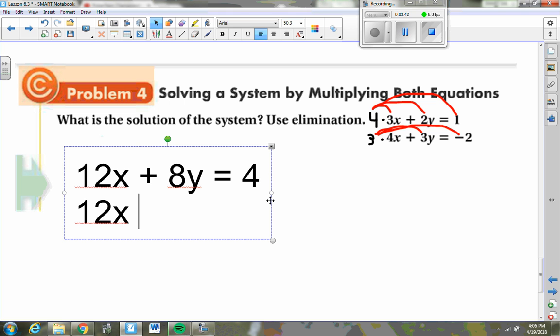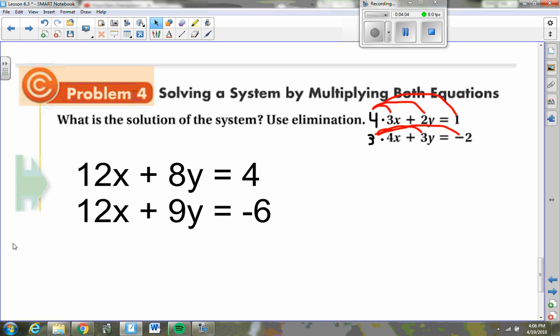And in the bottom equation, I have 12x plus 9y equals negative 6. Right? Because I multiplied all of those by 3. Multiplied the entire top equation by 4, the entire bottom equation by 3, and I end up here with these two equations. Now I have the same coefficient on my x variable in each equation.